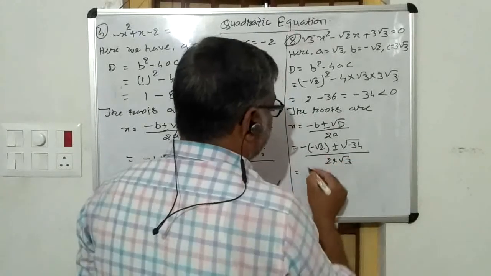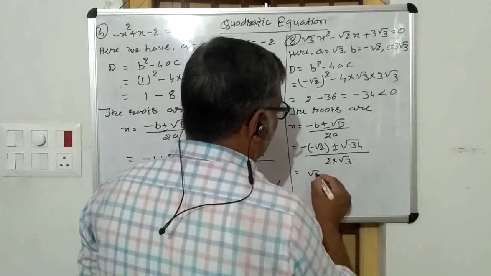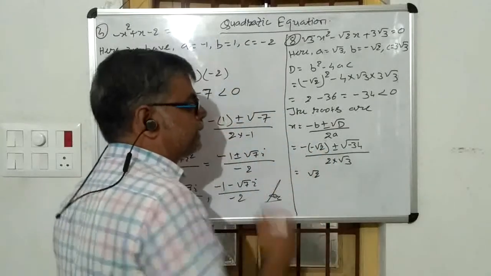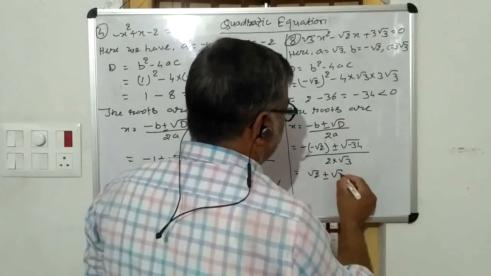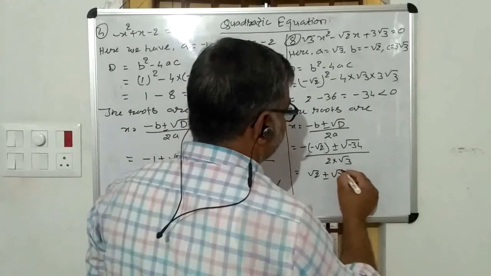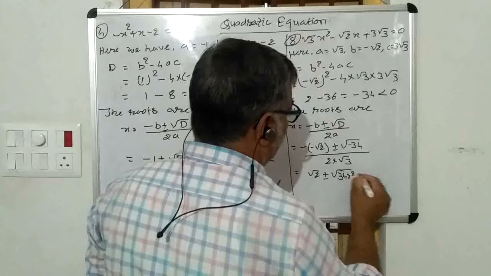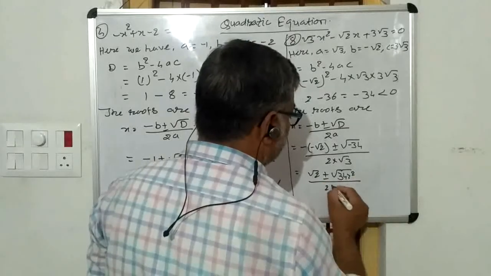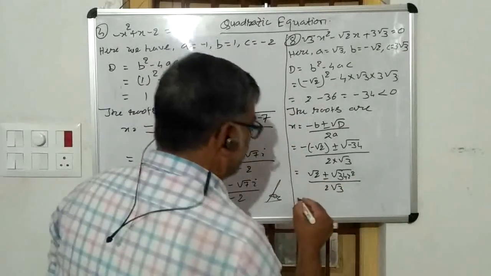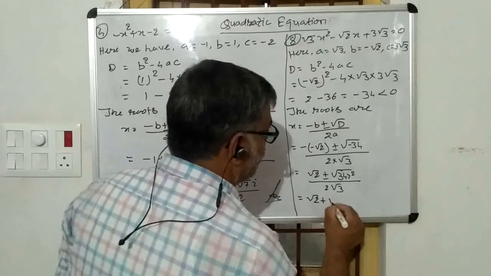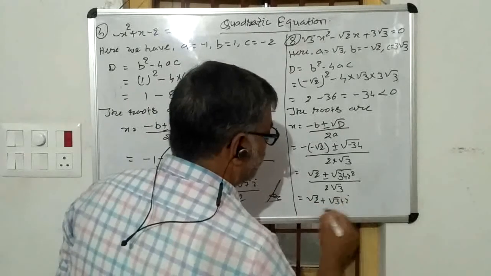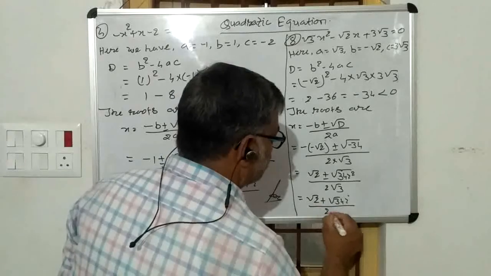So you can write it root 2, minus minus will become plus, root 2 plus minus root under 34 i square by 2 root 3. On further solving, you will have root 2 plus root under 34 i by 2 root 3.